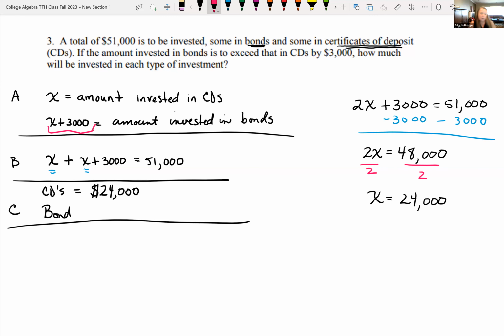If I plug in 24,000 for X, 24,000 plus 3,000, that is 27,000. So we answered the question. If we have $51,000 to invest, and bonds have to exceed what we put in for CDs by 3,000, we have 24,000 in CDs and 27,000 in bonds.